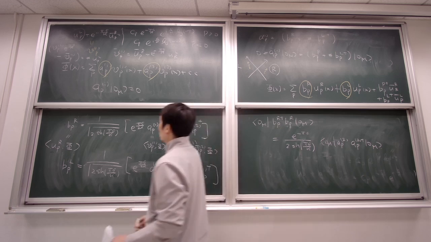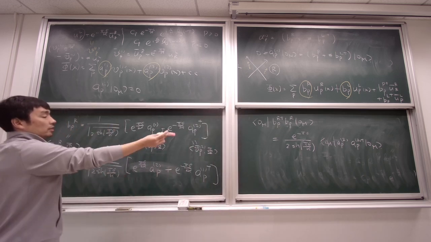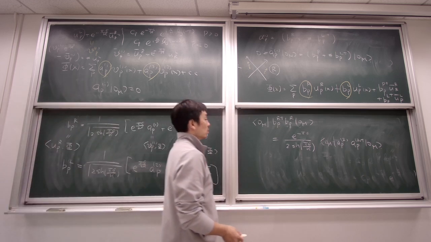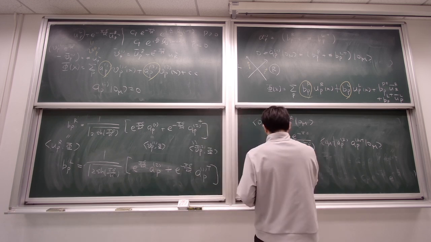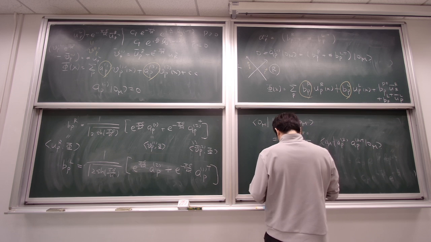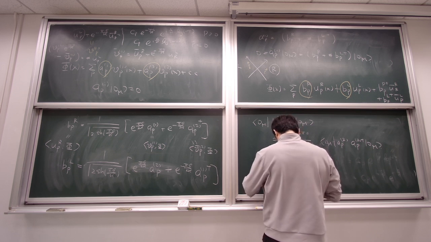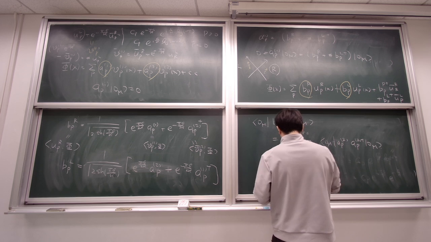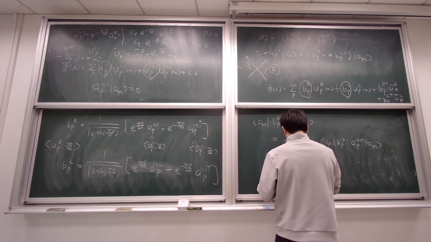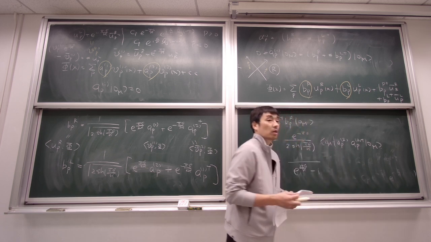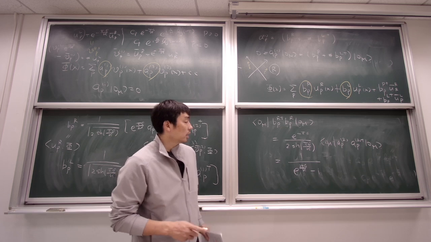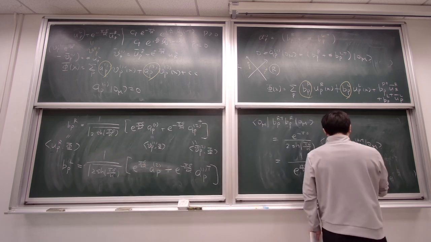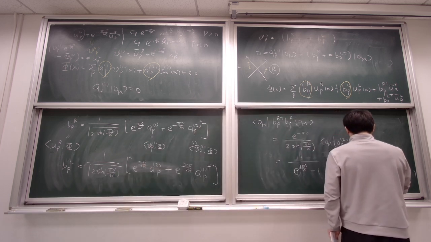I just plug this one into that one over there, and with the appropriate normalization this is equal to 1 over e to the 2 pi sigma over kappa minus 1. Okay, so that's what you get, and this is exactly the Planck distribution.